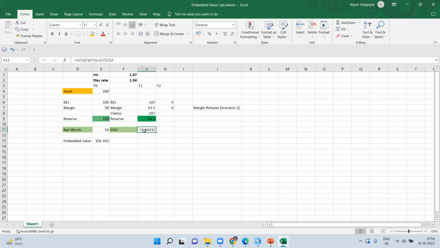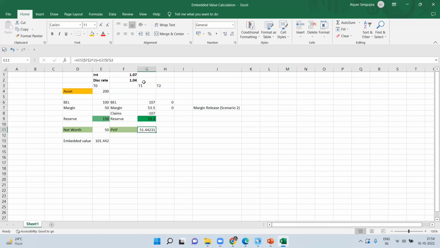Now in market consistent valuation, it can also happen that the investment return is lower than the discount rate, although you are expecting the discount rate to be the risk free rate. Maybe there is some adjustment that has to be applied, or the discount rate is slightly higher because of some volatility adjustment or matching adjustment.